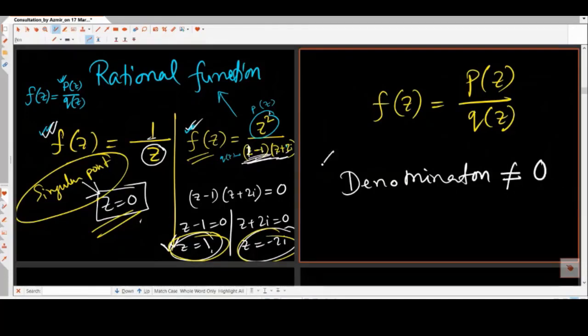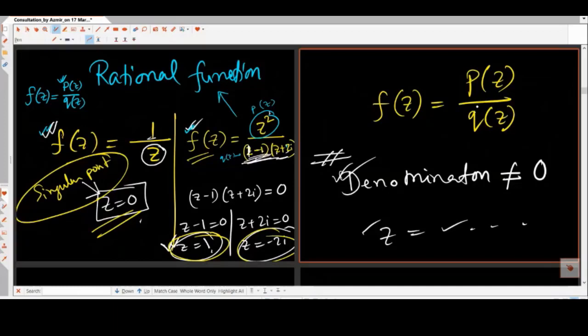If we solve denominator = 0, then we will get the values of z. At those points, the function will be undefined, therefore the function is not analytic. But other than these points, the function is analytic.